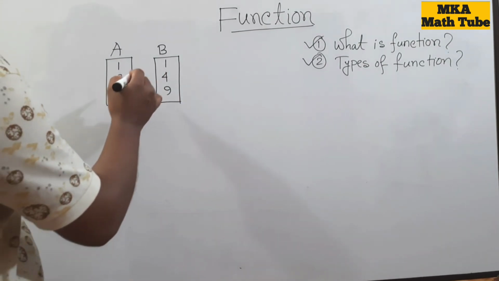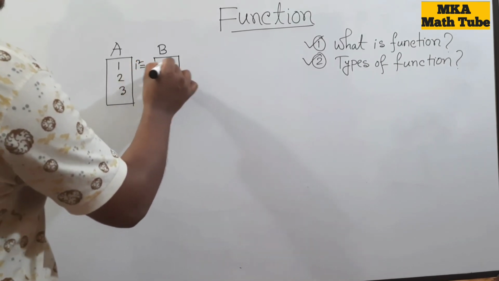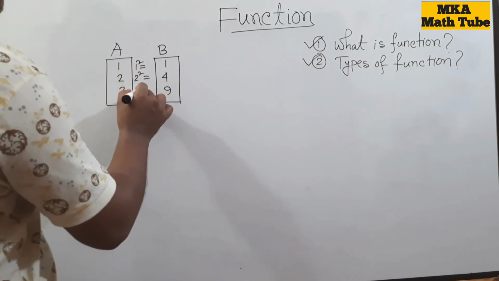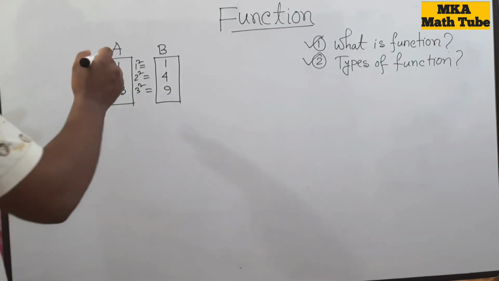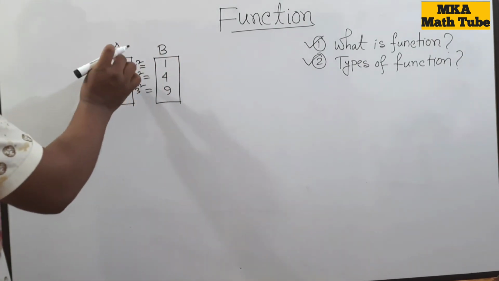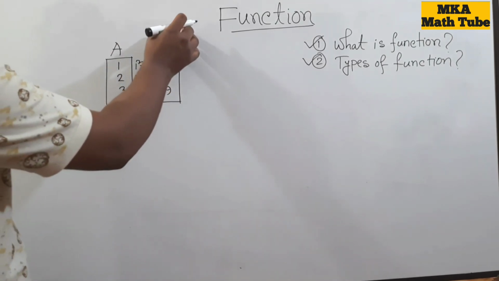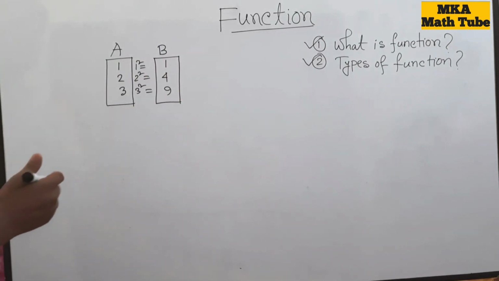What is the relation? If we square these values, 1 squared equals 1, 2 squared equals 4 and 3 squared equals 9. That means the values of set A are squared to get the values of set B. That means both sets have a relation.